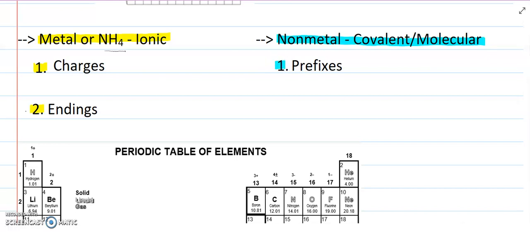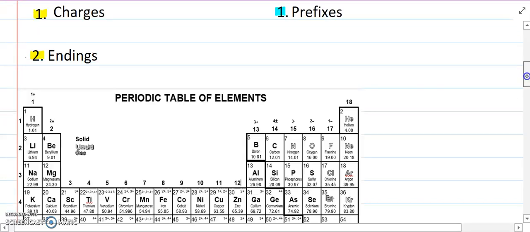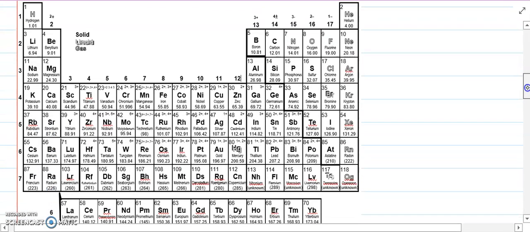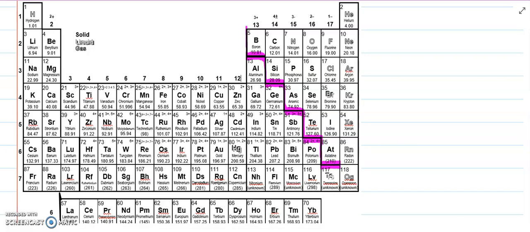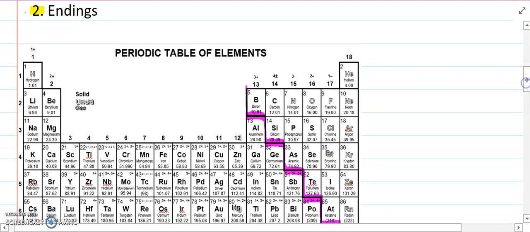So when I'm looking at my periodic table, there are two things I'm going to be paying attention to. The first is that stair-step line that divides out my metals and my nonmetals because that separates out ionic and covalent. If it is an ionic compound, we talk about charges. And on the periodic table that we use, I've got charges already written out.